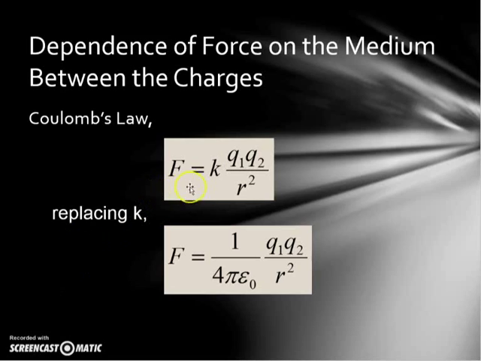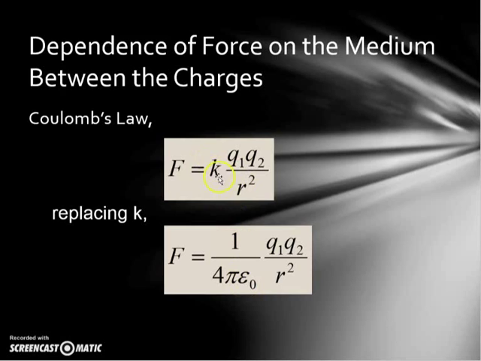So this constant of proportionality can actually be replaced with this fancy looking equation here, which we can say as 1 over 4 pi epsilon naught. Now, what this little guy here, epsilon naught, is called is the permittivity, and that differs for each and every type of medium.